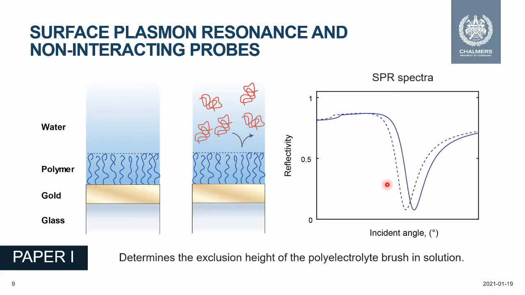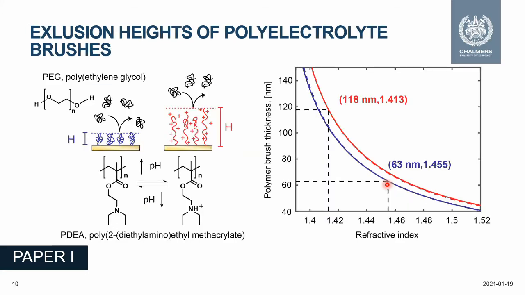This has been used by our research group and collaborators in the past to determine brush heights of neutral brushes like polyethylene glycol and PNIPAM. Crucial for making this work also for polyelectrolyte brushes was finding a probe molecule which is non-interacting with a polyelectrolyte brush, both when it is charged and when it is neutral.